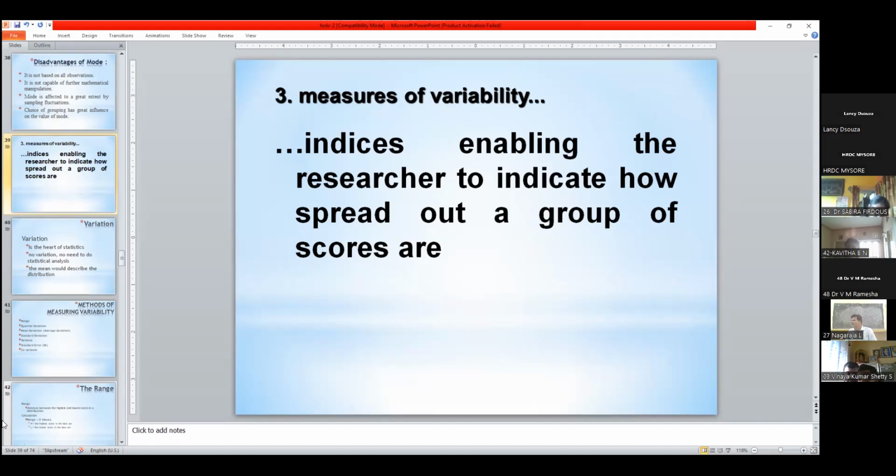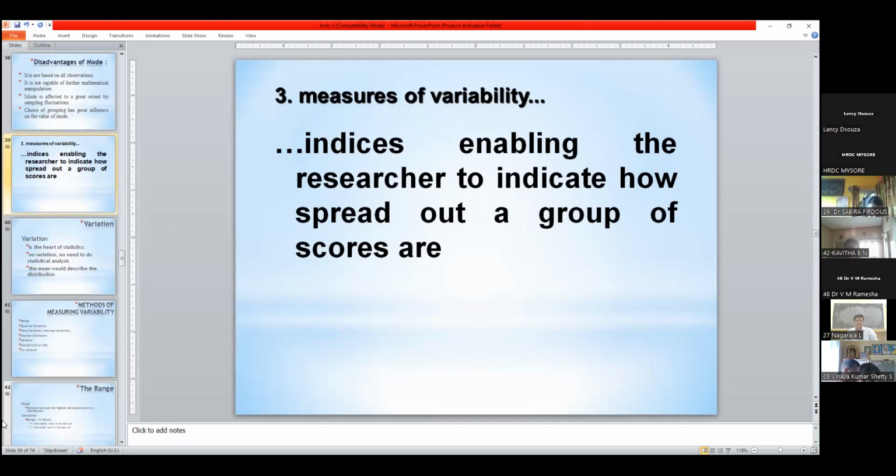In measures of central tendency, we saw how all the scores group together and end up giving a single score which represents the entire set of scores. Whereas in variability, we see how those individual scores differ from the measure of central tendency, either mean or median.